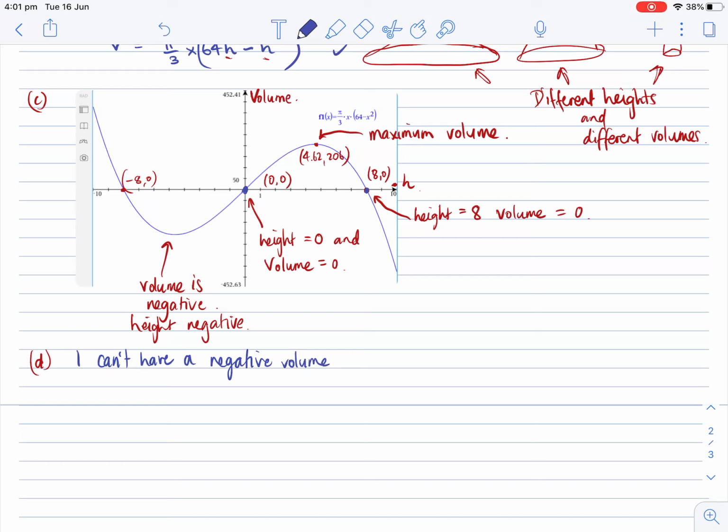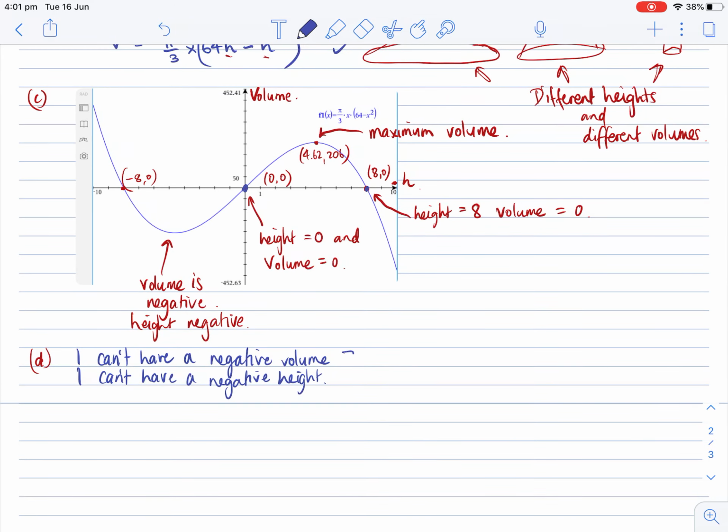I also can't have a negative height. So that means the only part of my graph that I need to include is the parts where both the height and the volume are positive.